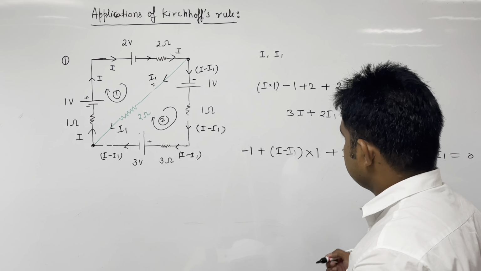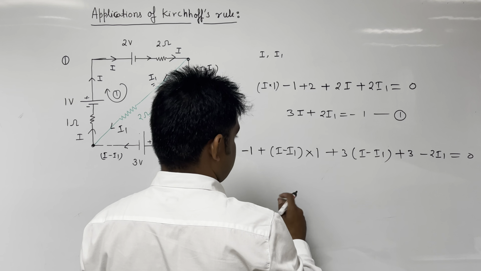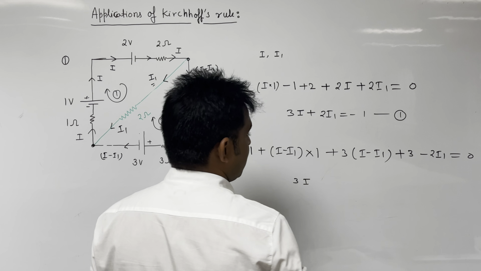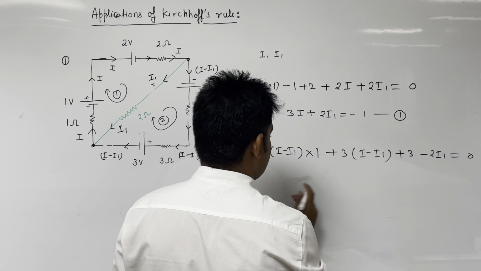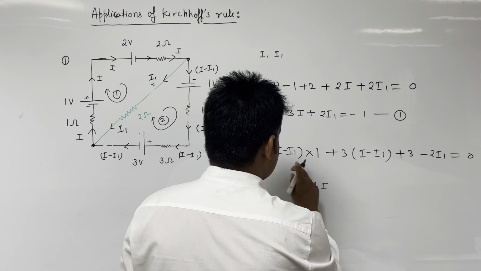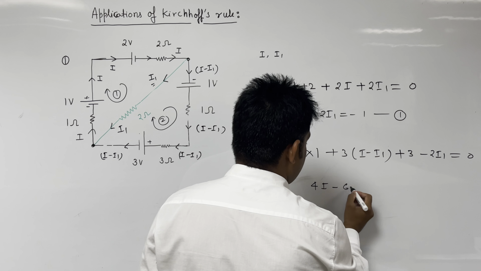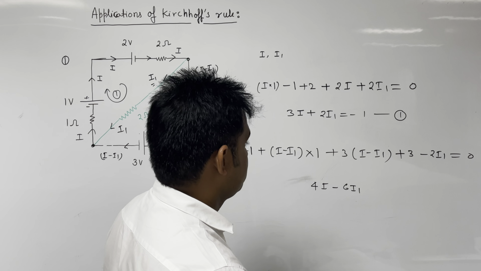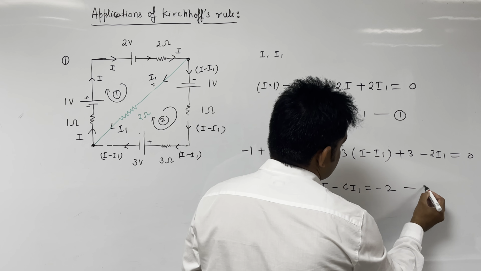What will be the second equation? Let's see. 3I plus I will get 4I. Here I1, 3I1, 2I1, minus 6I1, and here we will get plus 3, so this will be minus 2.